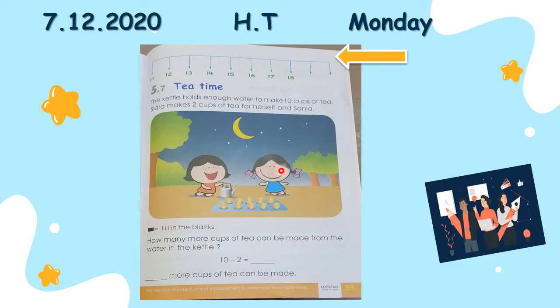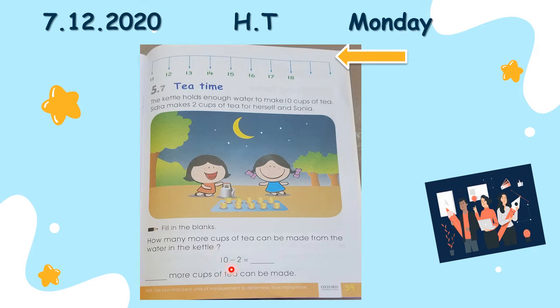She's Sidra and she's Sania and she made 2 cups of tea for Sania and herself. So what they are asking? Filling the blanks. How many more cups of tea can be made from the water in the kettle? 2 cups already made. Then we have to find the correct number.